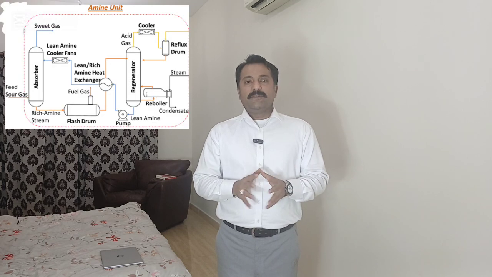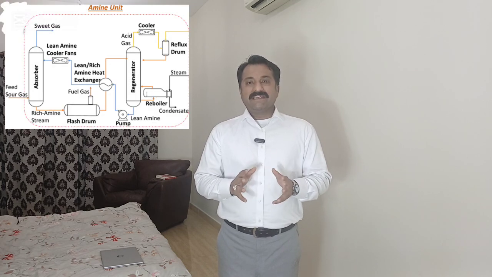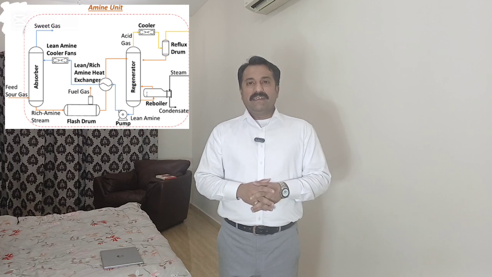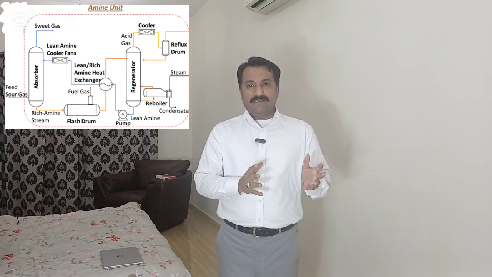Second is ISBL. ISBL stands for inside battery limit. All process equipment, instrumentation and infrastructure that exist inside the process unit battery limit is called ISBL. For example, I told you about an amine sweetening unit.